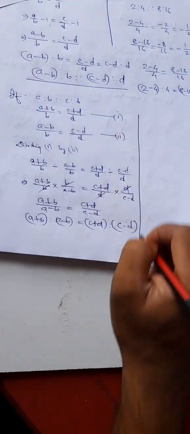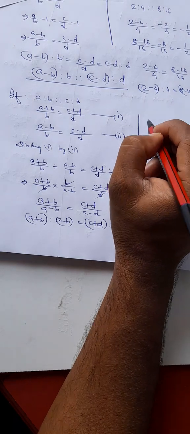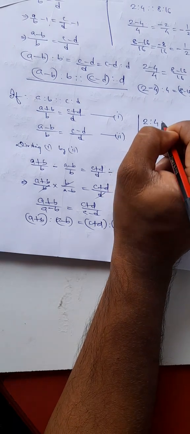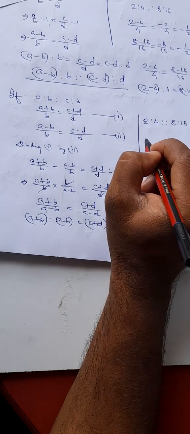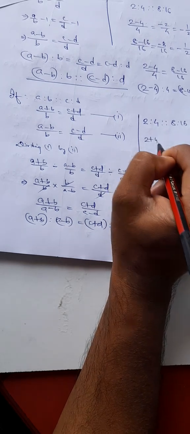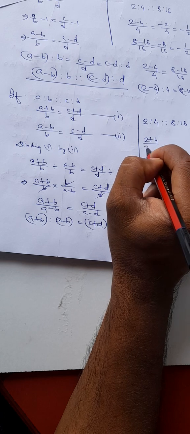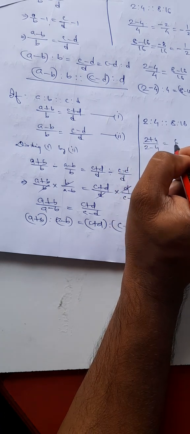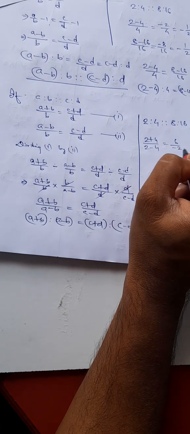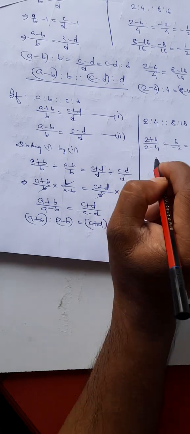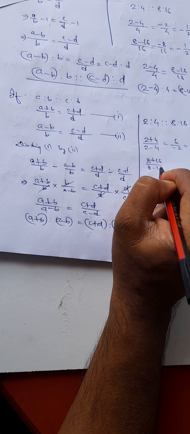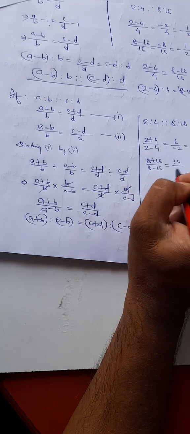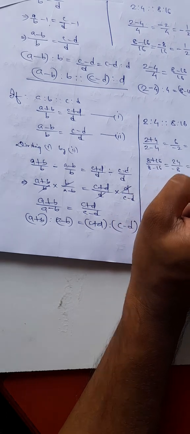Now let's use this property with this relationship. 2 is to 4 proportional to 8 is to 16. Now A plus B, 2 plus 4, divided by A minus B, 2 minus 4, 6 by minus 2 equal to minus 3. C plus D, 8 plus 16, C minus D, 8 minus 16, 24 divided by minus 8, or minus 3.